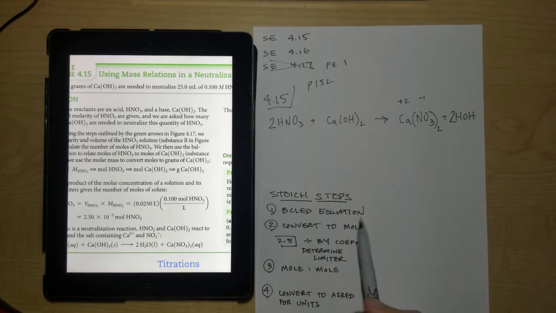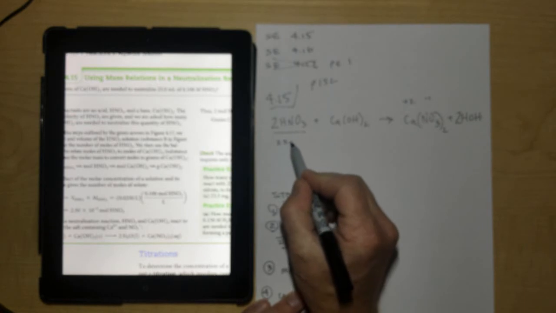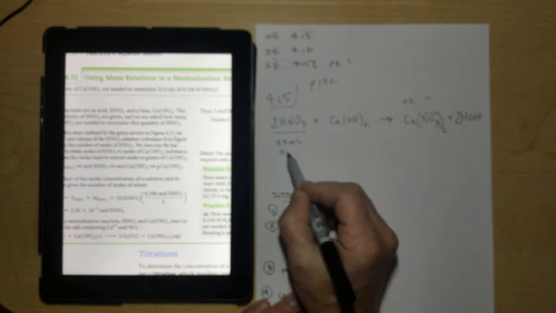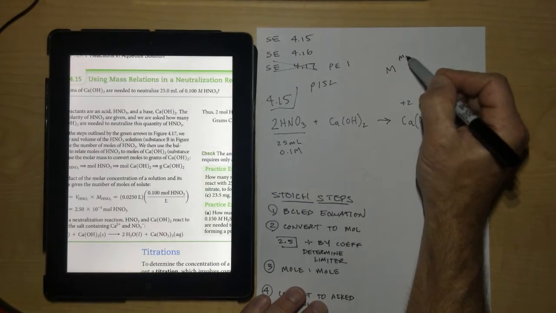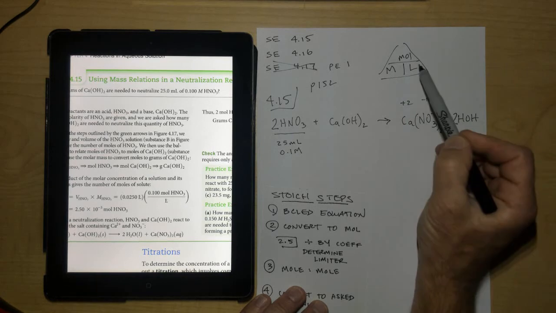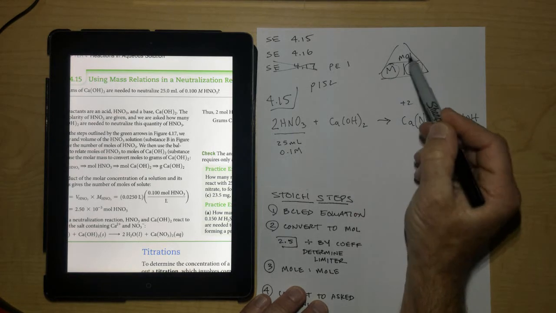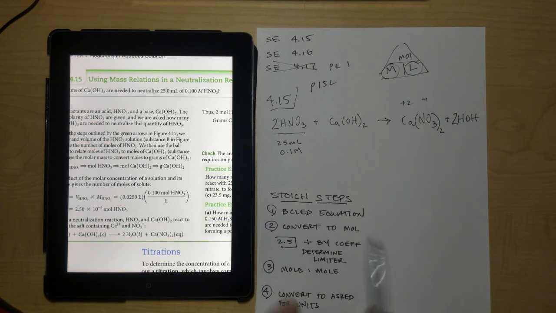Step number 2, convert to moles. We're given some data about HNO3: 25 milliliters, and it's 0.1 molar. Molarity equals moles divided by liters, so if I know my liters and my molarity, then I can find moles. That's the species I can convert to moles.